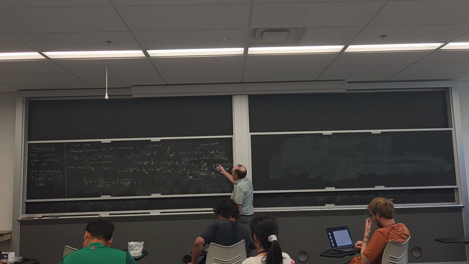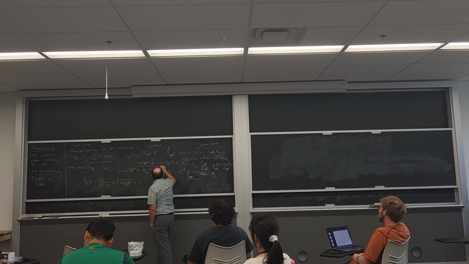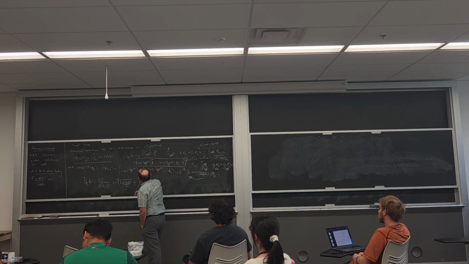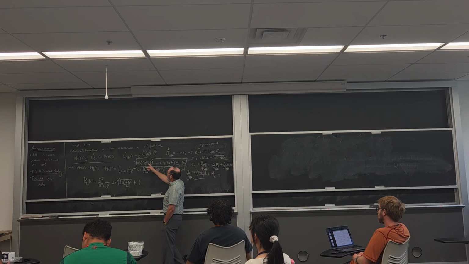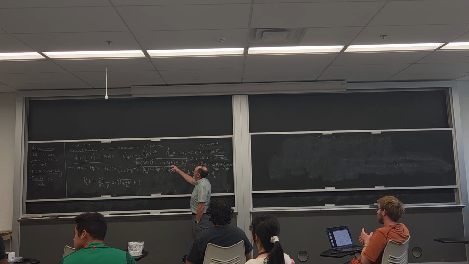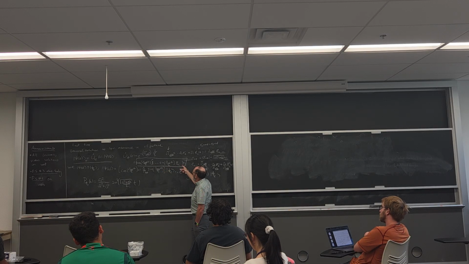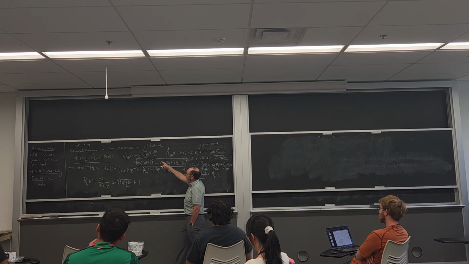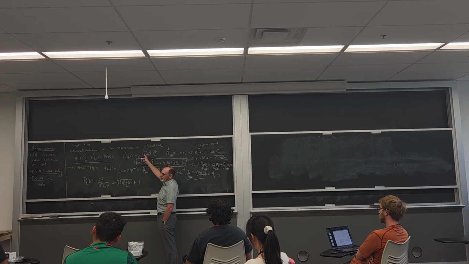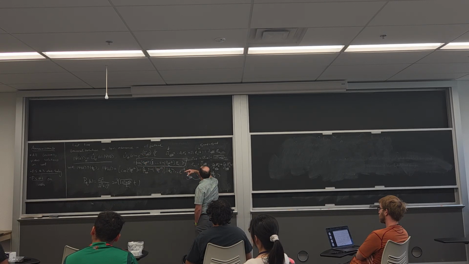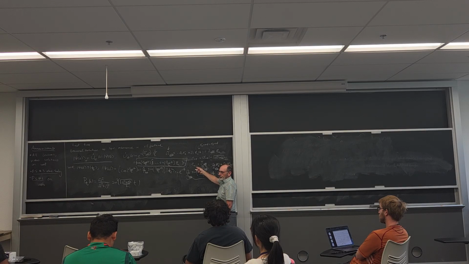With that, we can write the general form of an SU2 rotation, expanded in terms of cosine of the angle over 2 and sine of the angle over 2, where the cosine multiplies the identity and the sine multiplies the Pauli matrices along some direction. That direction is the direction of this vector, the vector over its magnitude, the unit vector.